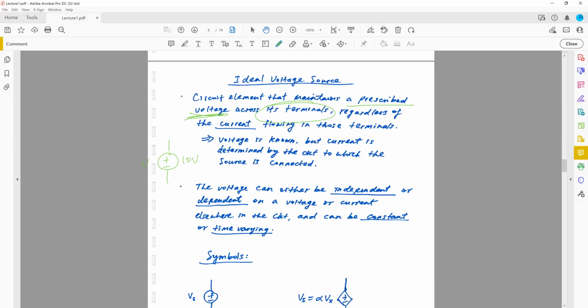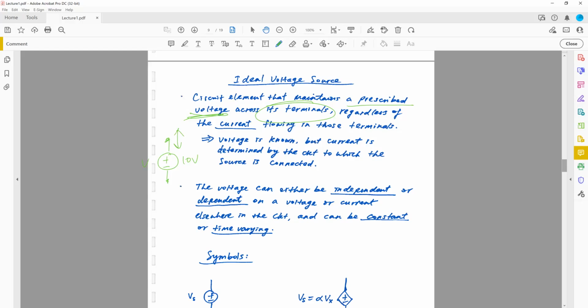For example, if I specify 10 volts across these 2 terminals, then this voltage is going to stay there. It's always going to be set to 10 volts, regardless of how much current is flowing in and out of this voltage source.